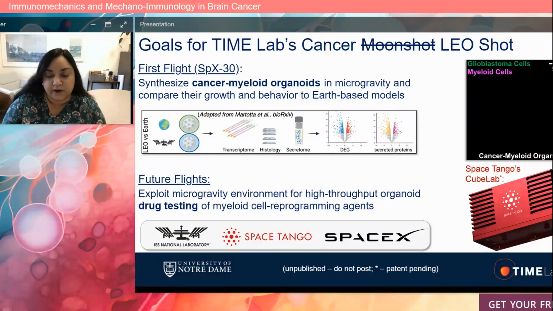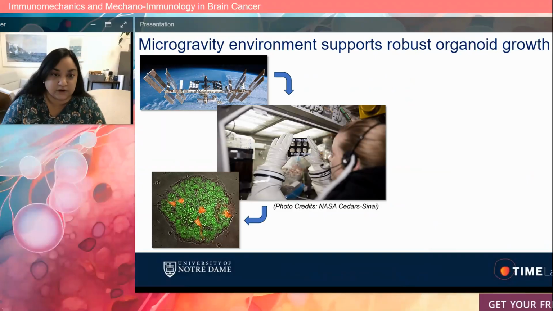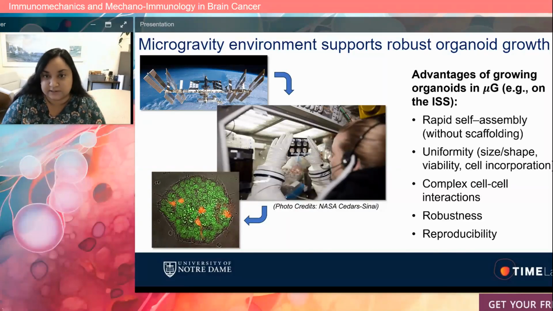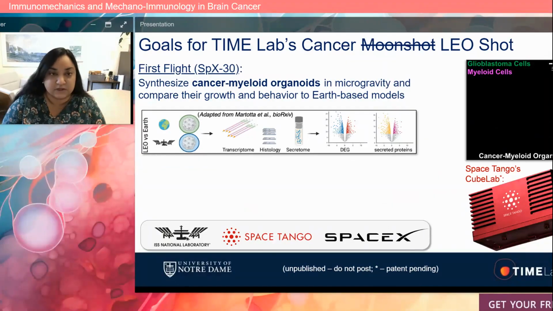What we're trying to do, I apologize that the image is not showing up here on this slide, but you can imagine that the organoid actually looks exactly like the one shown here on this previous slide. So you could imagine instead that the green are the cancer cells and the orange are myeloid cells. And that's exactly what our spheroids look like as well in this missing image.